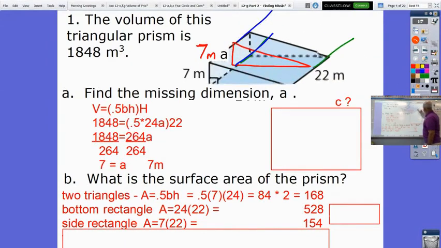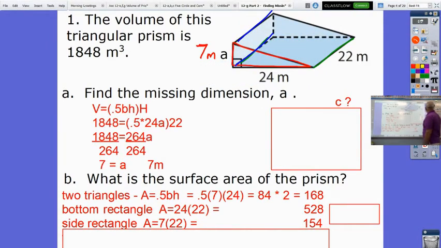So the top rectangle, oh gosh, this one here, is 22 by whatever this length is here. So I'll call it C. Why am I calling it C? Because it's the hypotenuse of a right triangle. So we can figure out what this length is.